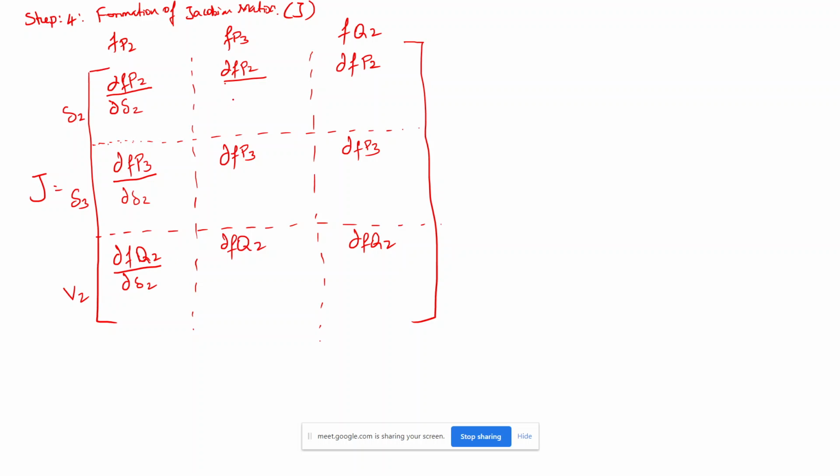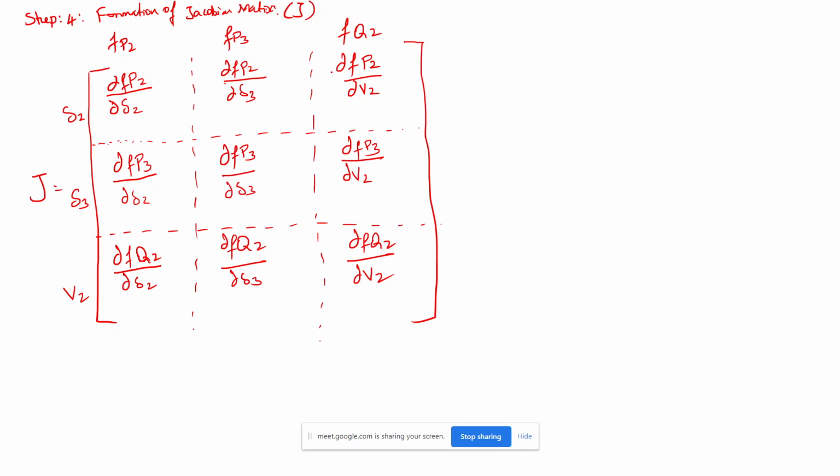Here it is dou del 3, and here dou del 3, and here dou del 3. I have taken this for all these 3, and this for all these 3, and this for all these 3. So it will be dou V2 divided by dou V2, and this is also divided by dou V2. Got it? So you can see how this Jacobian matrix is found.